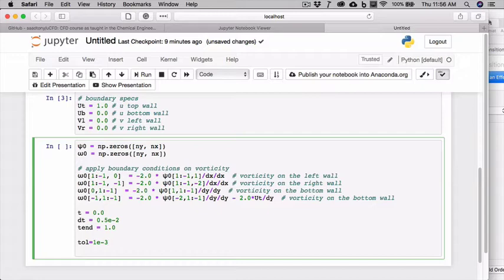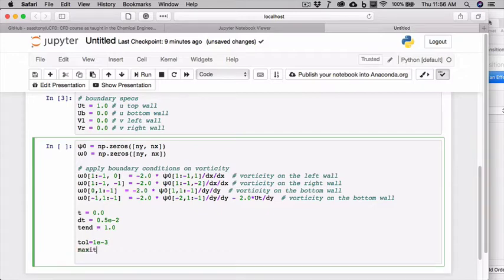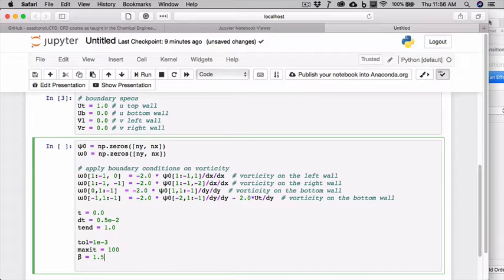You can tighten that as much as you like. A maximum number of iterations of 100, a beta coefficient of 1.5. We can start at 1.5 to kind of drive. That's a number for over relaxation. You can choose that number. If you put it at 1, that gives you the Gauss Seidel iteration.